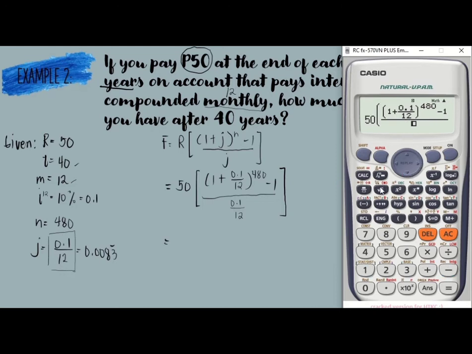Over, so yun nasa denominator, fraction ulit. So, 0.1 over 12. Yan. Then, equal. Okay, so yung total amount is 316,203.98. So, kapag final answer na, saka ka lang mag-round off.